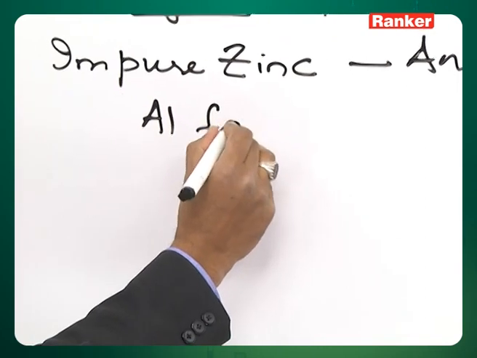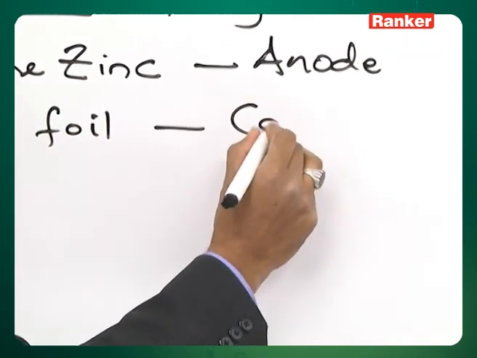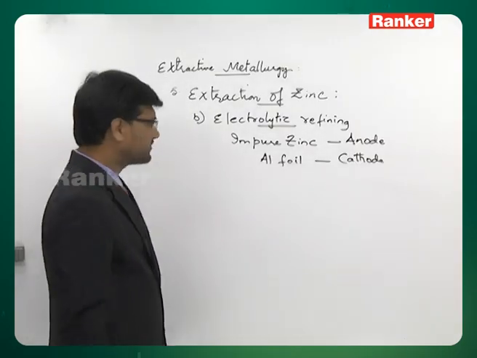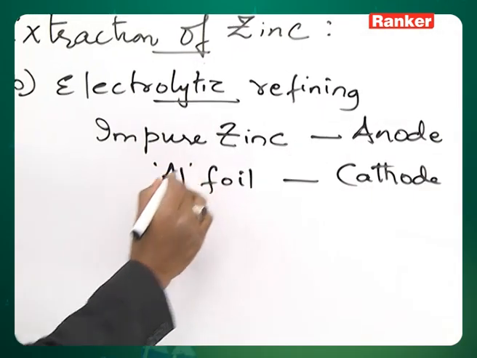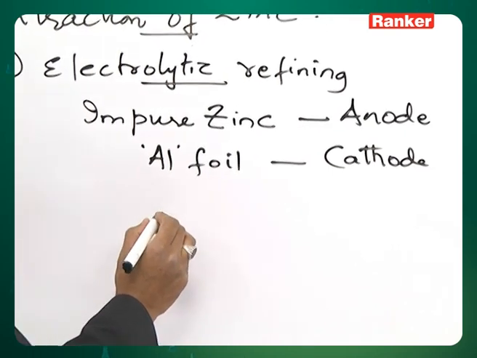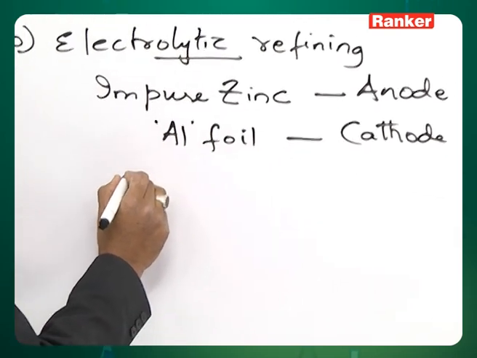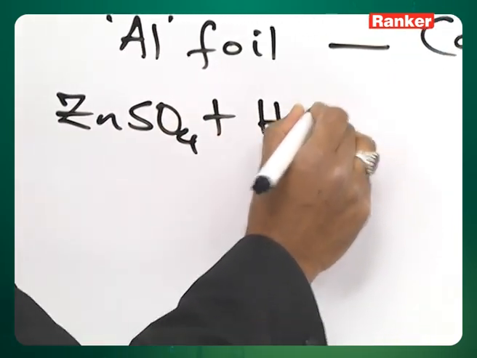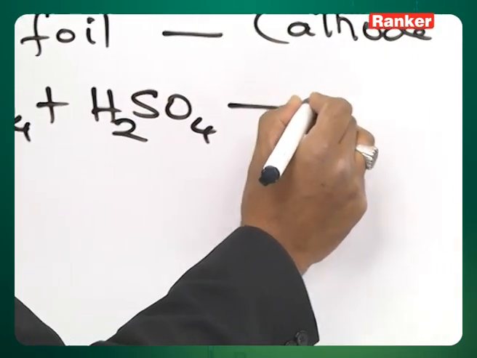Aluminum foil is used as cathode. So, zinc will get deposited on the surface of aluminum. Electrolyte is ZnSO4 plus dilute sulfuric acid. This is the electrolyte.